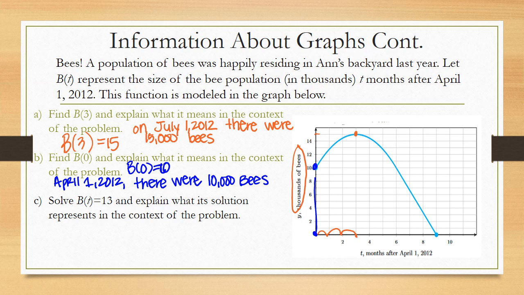Solve B of t equals 13 and explain what its solutions represent in the context of the problem. So this means our output value is 13 and they're asking for the input values that give us that. So that happens here and here. So that's when our t value is 1 and our t value is 5.